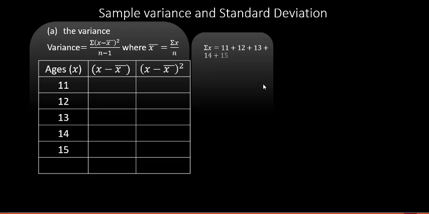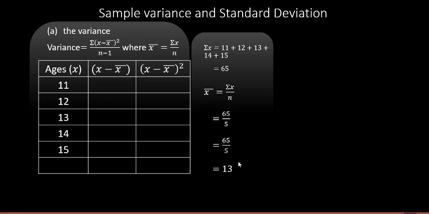The summation of the values is 11 plus 12 plus 13 plus 14 plus 15, which gives us 65. Then we substitute into our mean formula, 65 over 5, and dividing gives us 13.